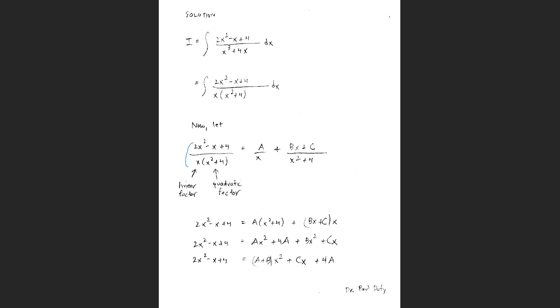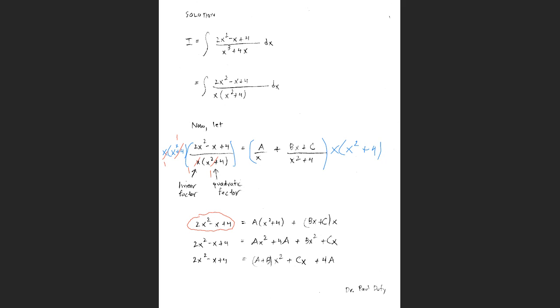We're going to multiply through both sides by the least common denominator, which is x times x squared plus 4. And of course, nice things happen. Simplification on the left, which again gives us on the left 2x squared minus x plus 4.